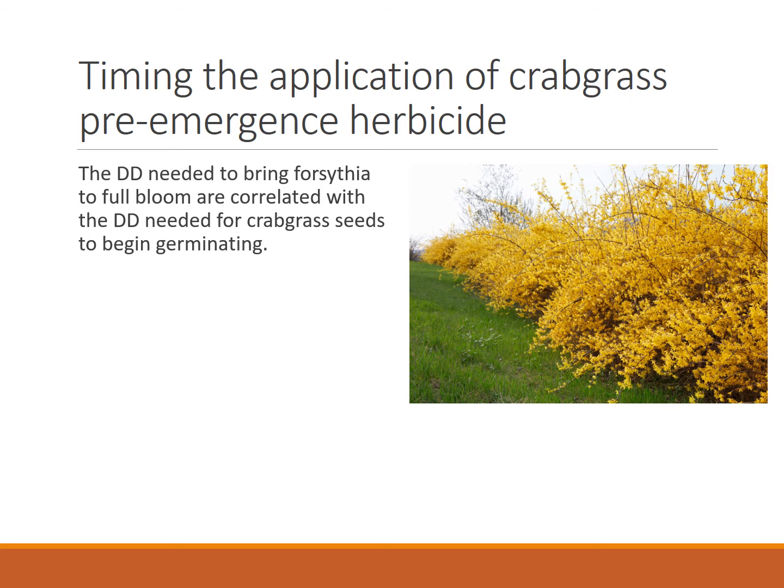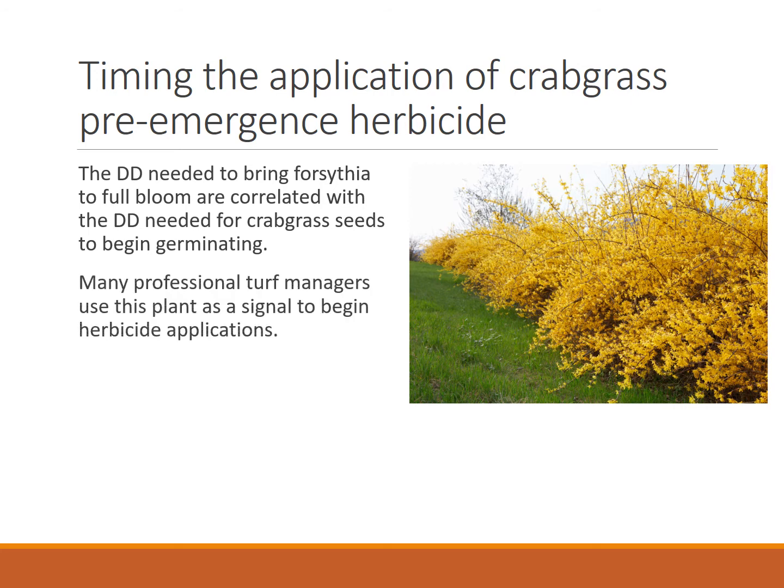If you have a plant like forsythia in your yard, when forsythia is in full bloom, that happens to be the time when you need to start your crabgrass pre-emergent herbicide application. So many professional turfgrass managers will use this plant as an indicator plant to signal when it's time to apply that particular herbicide.